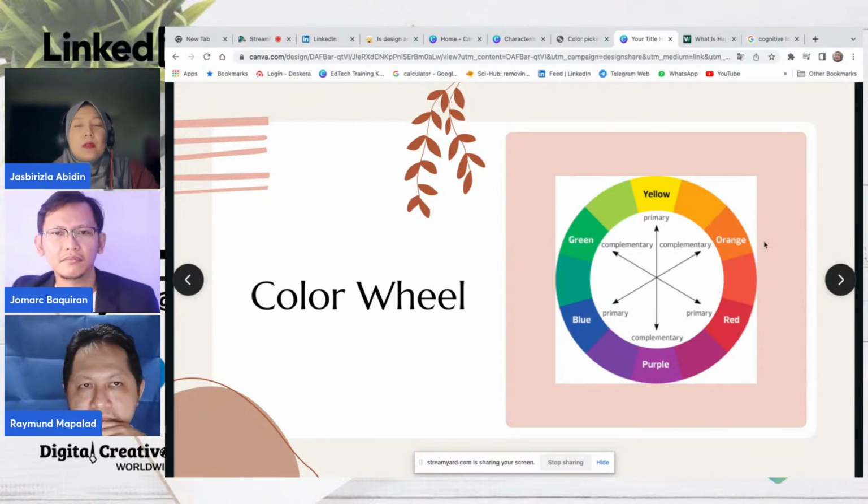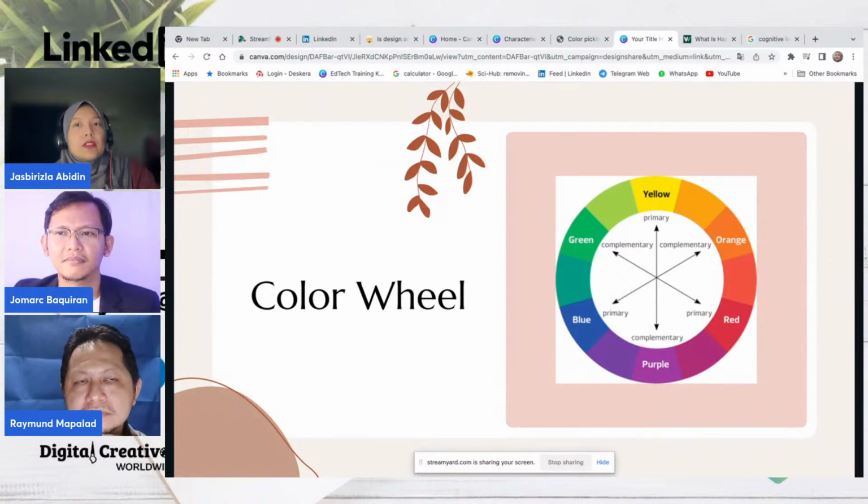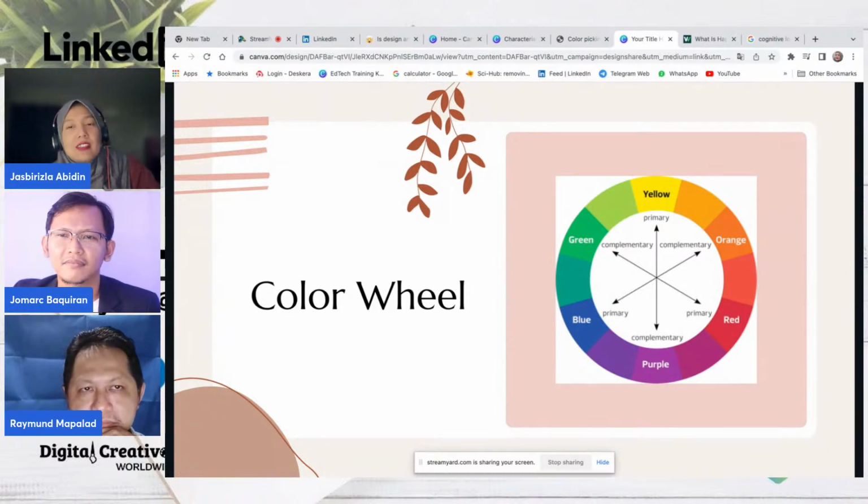Okay. So today it has been widely used because it feels so pleasant. It's so pleasant to see complementary colors and primary colors together, right?